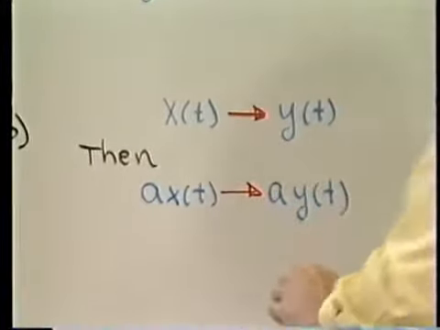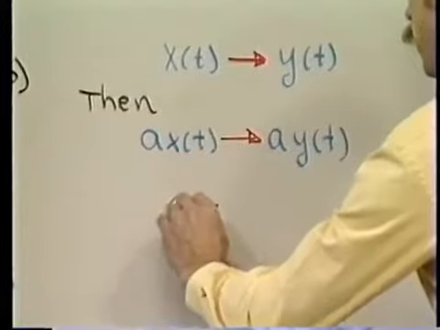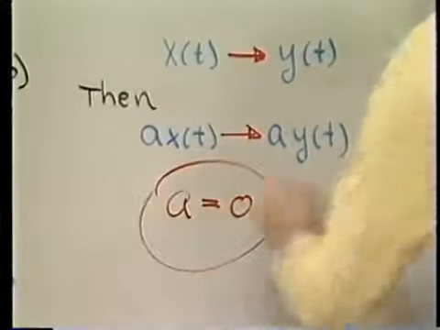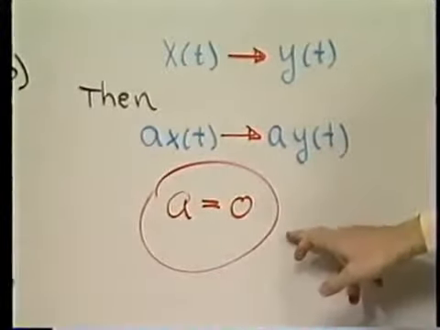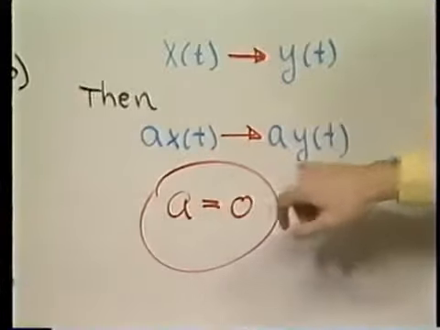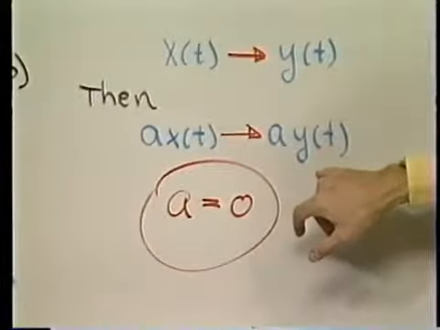Well, we can simply choose as the scale factor a equals 0, and it says put nothing in, you get nothing out.